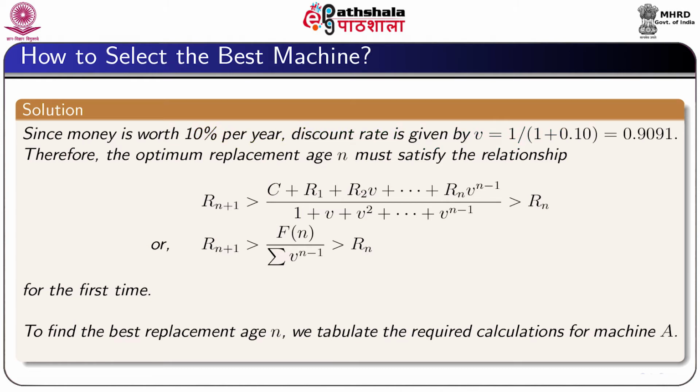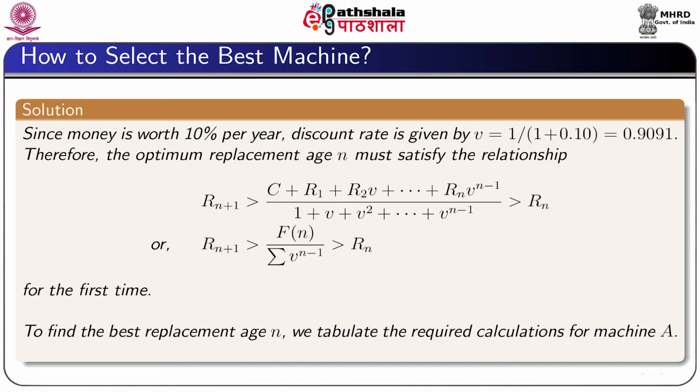Therefore, the optimum replacement age N must satisfy the relation Rn plus 1 is greater than C plus R1 plus R2 into V plus dot dot dot plus Rn V to the power n minus 1 divided by 1 plus V plus V square plus dot dot dot plus V to the power n minus 1, which is greater than Rn for the first time.